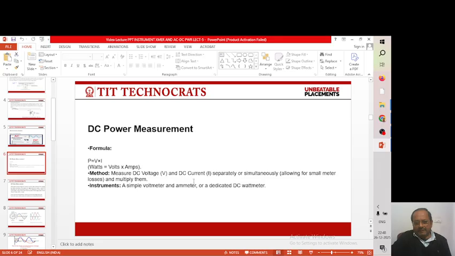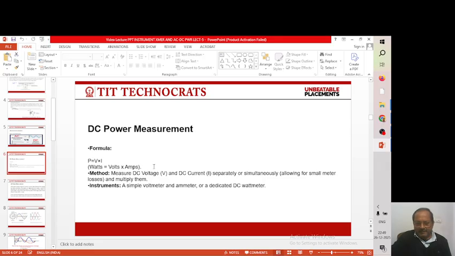We can measure this power by separately taking the voltage reading by voltmeter and separately taking the current reading by ammeter, and the product of these two parameters will give the power in a DC circuit.